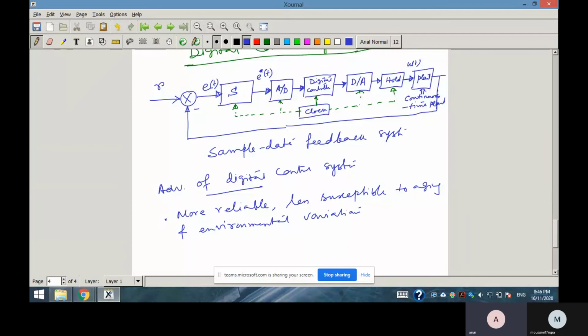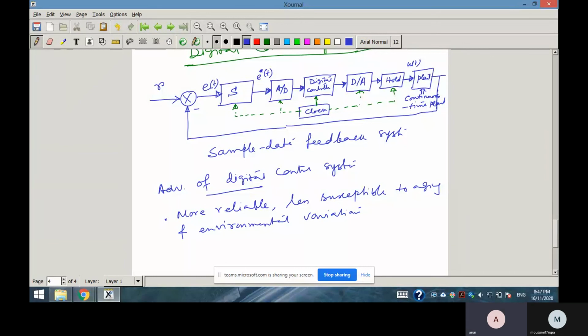That means, with time you will see the op-amp gain may change, right? After many years the op-amp gain may change because of aging. Some junction capacitor may change due to change in temperature, due to rust or something, over so many years.